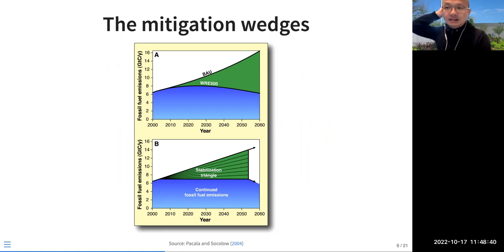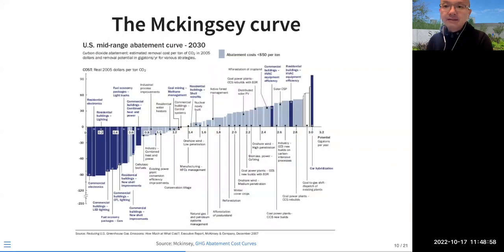So that evolved to the next kind of mitigation idea, which is the McKinsey cost curve, or McKinsey curve for short.